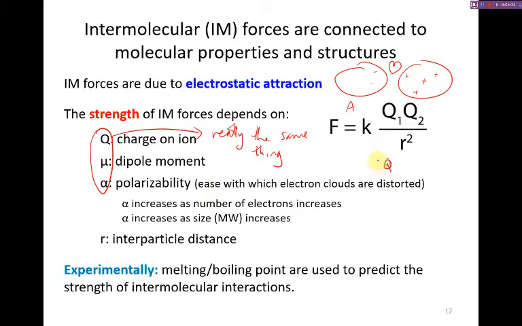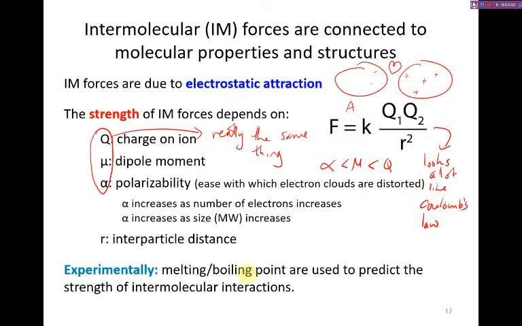Whereas a full charge is larger than a dipole moment, which is larger than when it's nonpolar, and we're just talking about the polarizability. It's also related to the distance between the objects. And so what you'll see here is that this looks a lot like Coulomb's law. And that's because it's essentially the same thing. We're just talking, in this case, about force as opposed to energy.